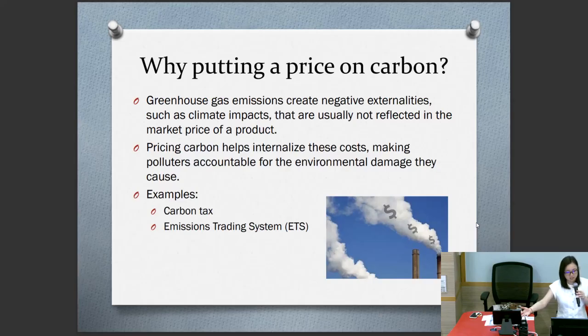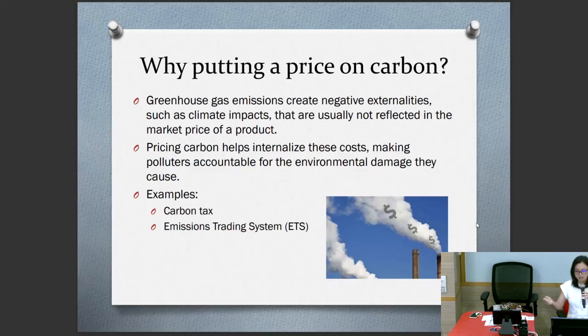Examples of pricing carbon would be the carbon tax. The more energy you utilize, indirectly it will result in more carbon emissions. Then you pay a tax according to the amount of emissions. So this is the carbon tax: the more you emit, the more tax you need to pay.